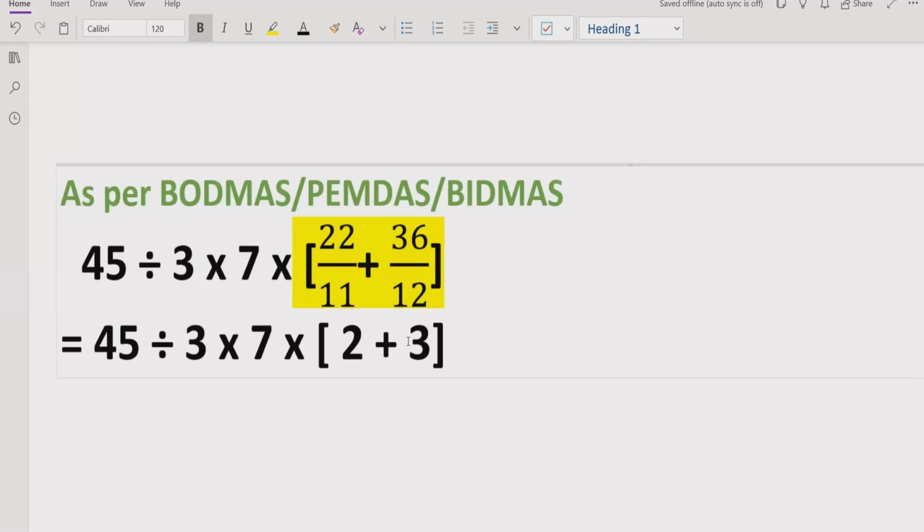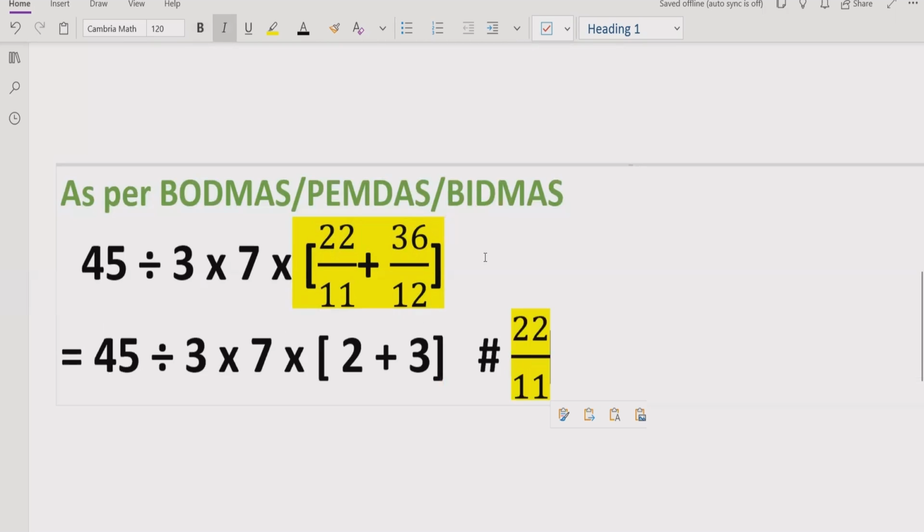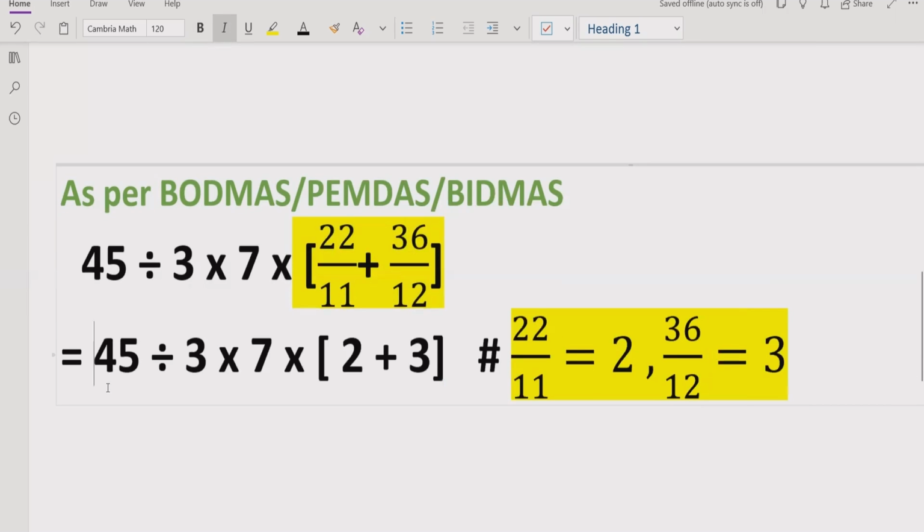Now we can write it this way, and here we will give the reference: 22 divided by 11 is equal to 2, and 36 divided by 12 is 3. Okay, now move forward.